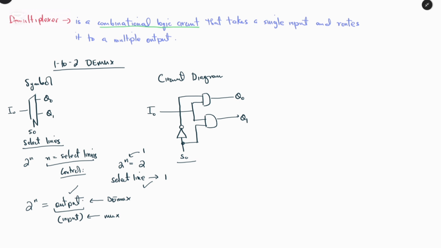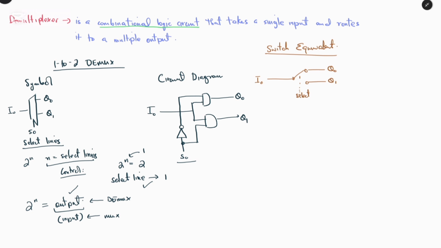If I have to introduce the switch equivalent circuit, it can be drawn such that we have I naught and Q naught, or we have Q1. So this switch can transition between the two outputs, and these can be the select lines.